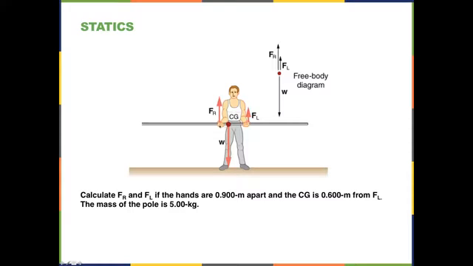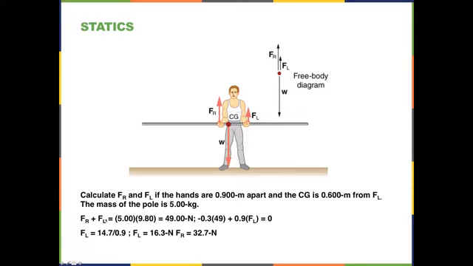And you pick a pivot point either here or here. Let's say you pick this pivot point, you know that Fr times 0.9 has to equal the weight times 0.6. And that's what we showed right here. Fr plus Fl has to equal the weight, or 49 newtons.